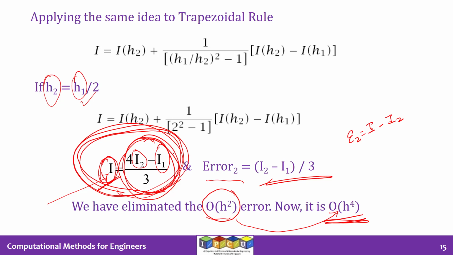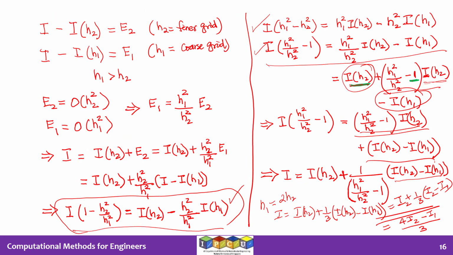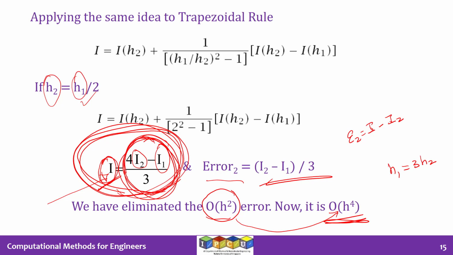That's the ratio at which this expression holds. If H1 was 3 times H2, then this expression would be different. The idea will still be the same, but the expression would be different. So we have to understand that this is based on the fact that H2 is H1 by 2, or H1 is 2 times H2. Then you will get this expression.